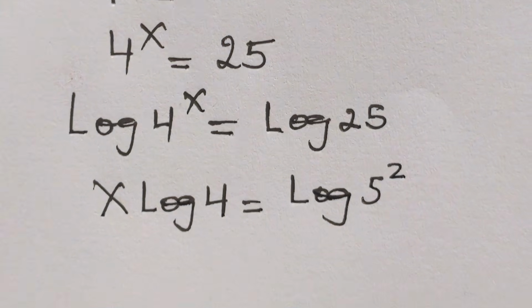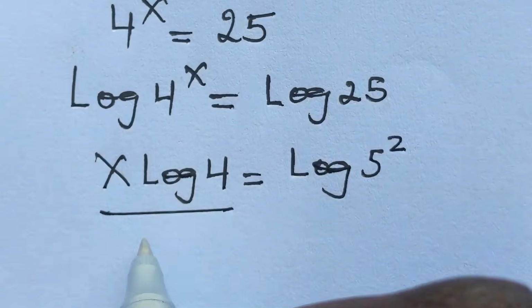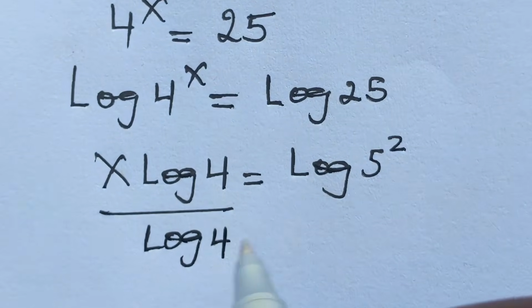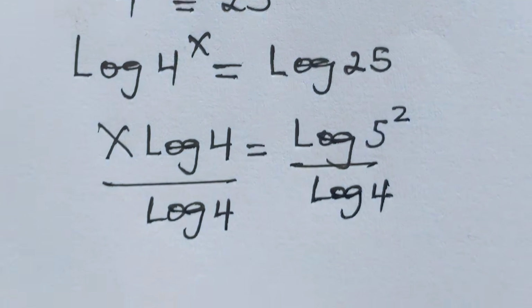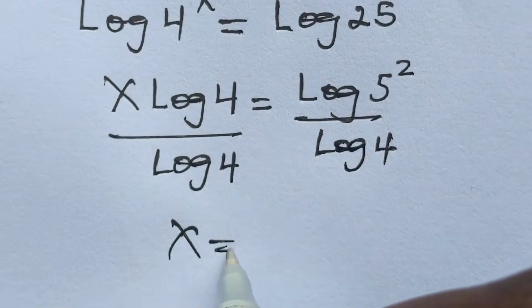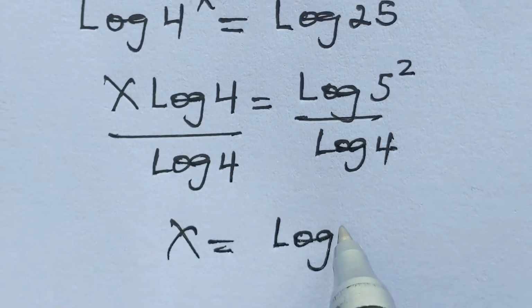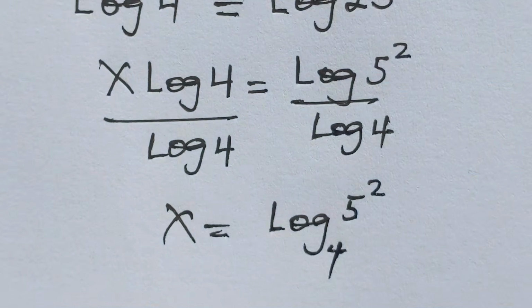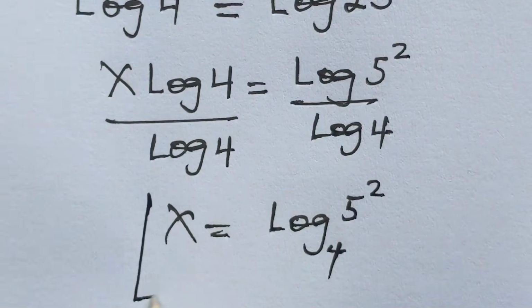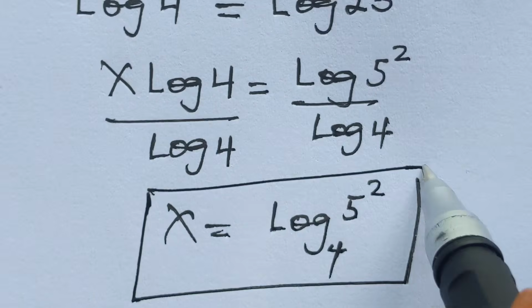That is what we have. So here we divide by log 4 on both sides to get x equals the logarithm of 5 squared to the base 4 as the value of x.